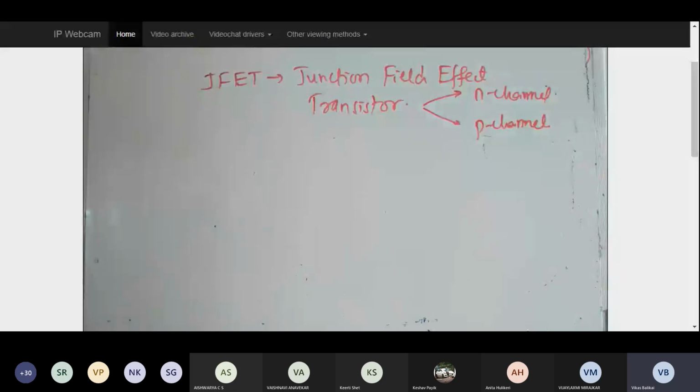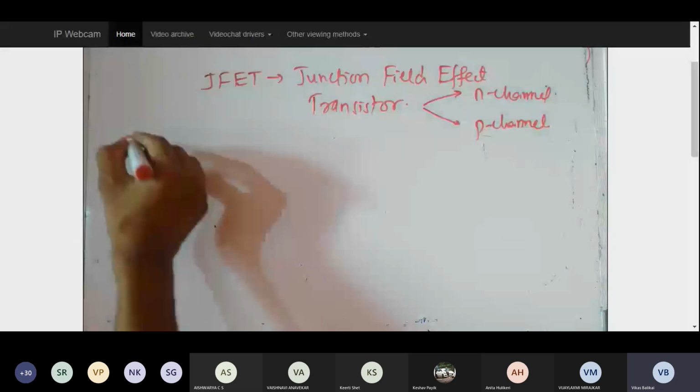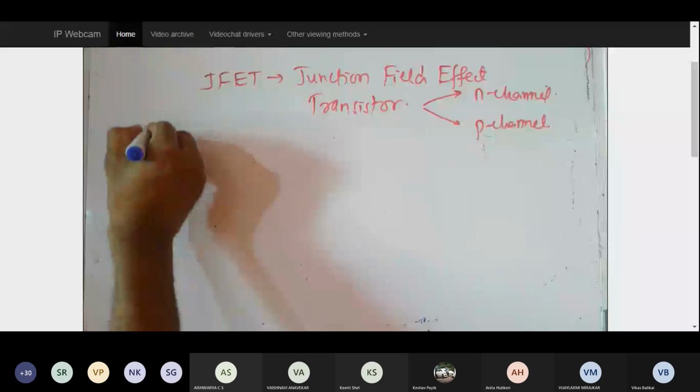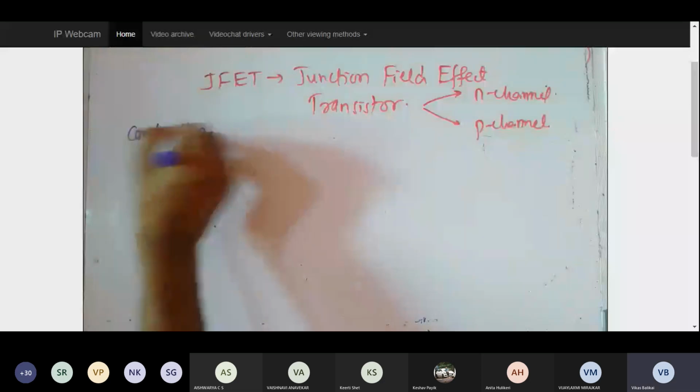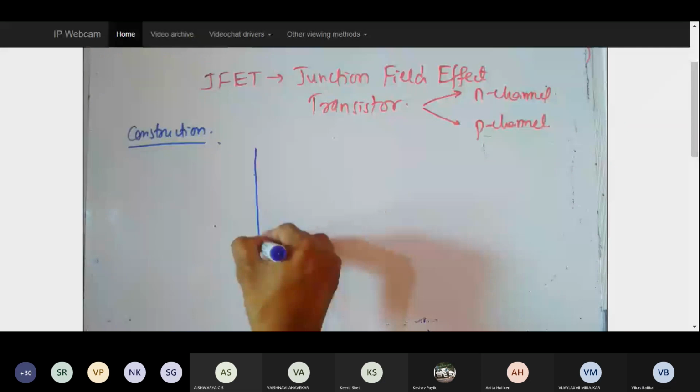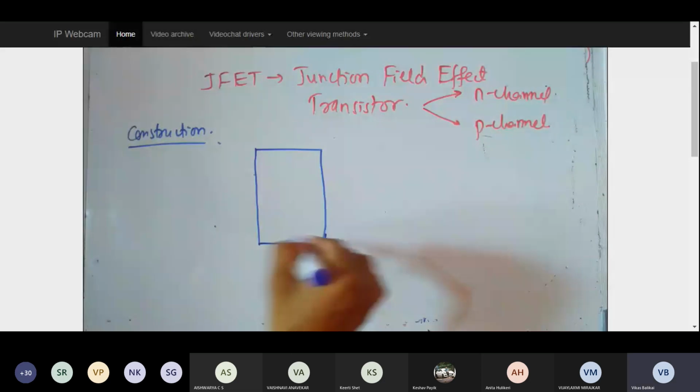So if I talk about the construction or the structure, how exactly my JFET looks, this is my JFET structure. I'm going to consider it here in a vertical manner.